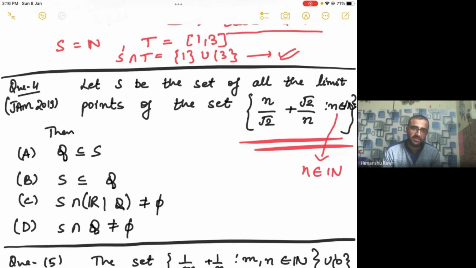The question asks whether this set S, the set of all limit points, contains Q, or is contained in Q, or its intersection with irrational numbers is non-empty, and option D is its intersection with rationals is non-empty. So what can you comment about this set S? The options available are A, B, C, and D.